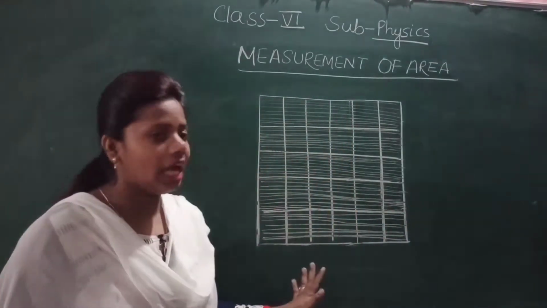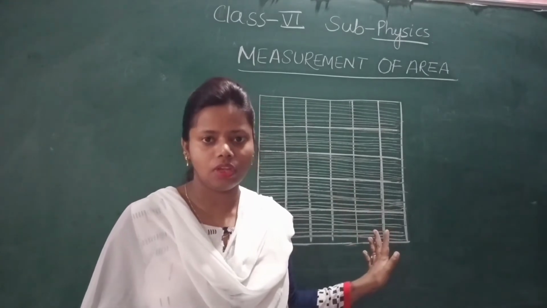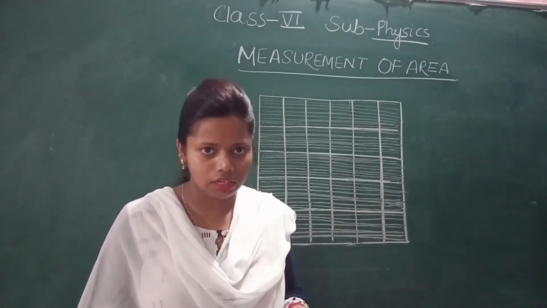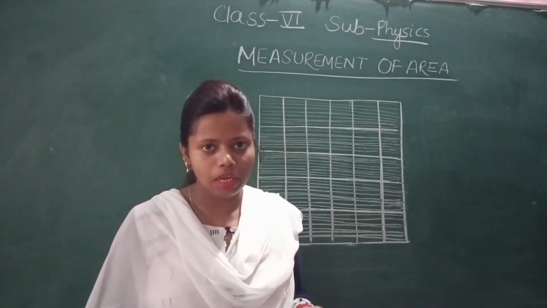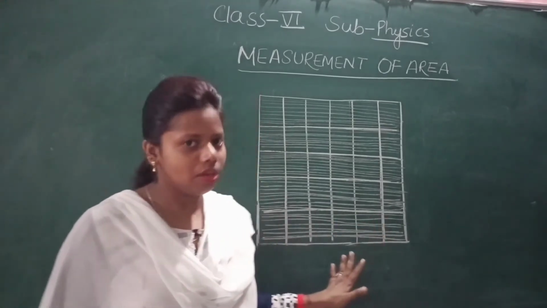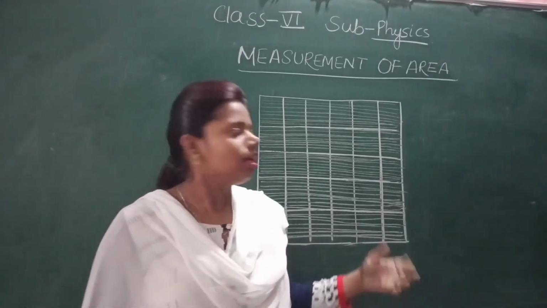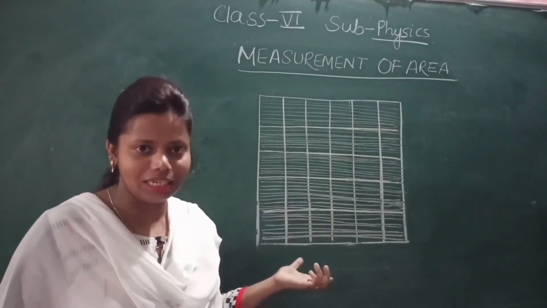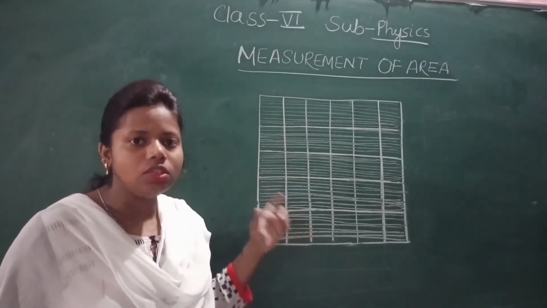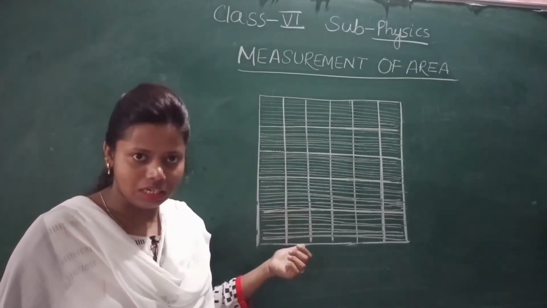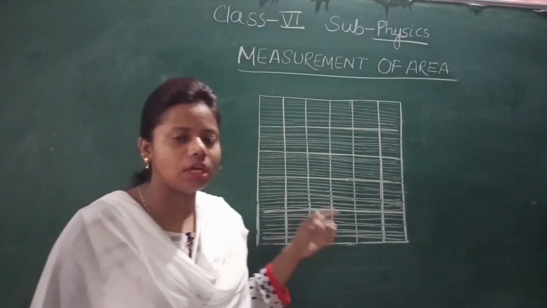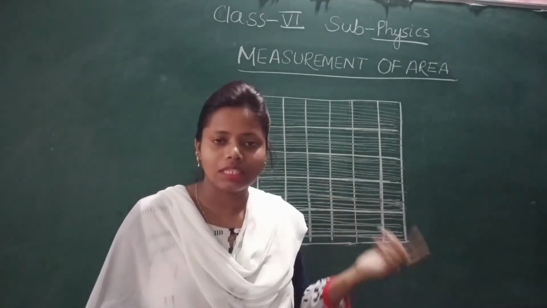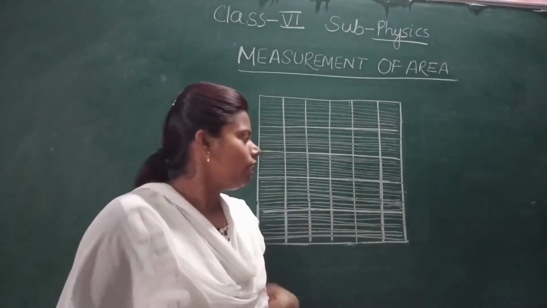I have made a rough diagram of graph paper just to show you how to find the measurement of a regular object by using graph paper. In this graph paper, one square centimeter grid is made up of a square with a side of 1 centimeter.